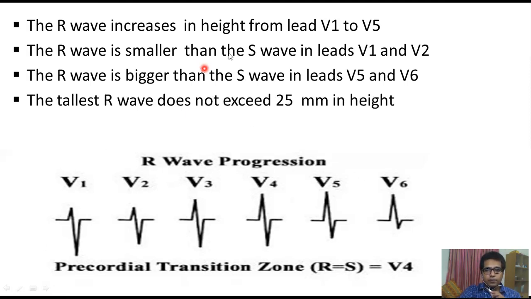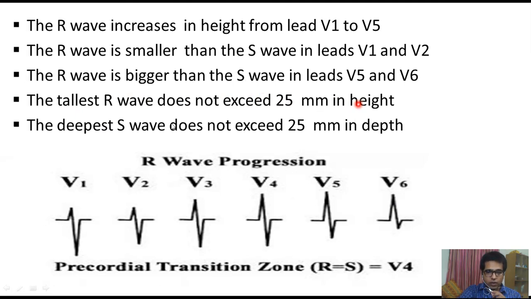And the tallest R wave does not exceed 25 millimeters in height in the normal condition, and the deepest S wave does not exceed 25 millimeters in depth. Okay, so that is the very normal picture of the R wave progression.